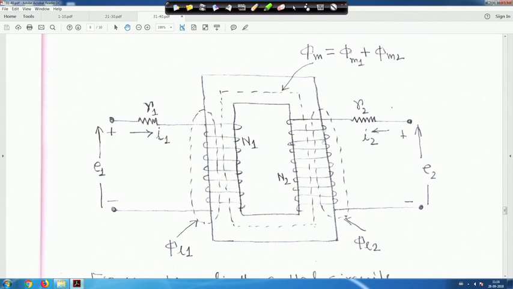Similarly for the other one, phi L2 will be there and phi M2 also links. So the total flux linkage of this coil will be phi L2 plus phi M2, and this phi M2 is because of the current I2 in the second circuit, the other coil.